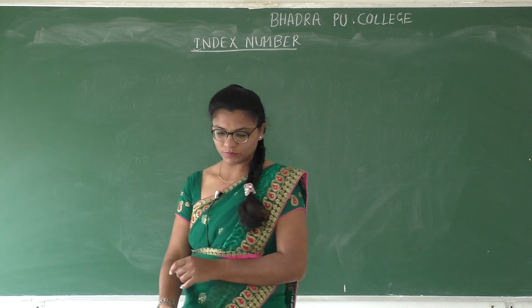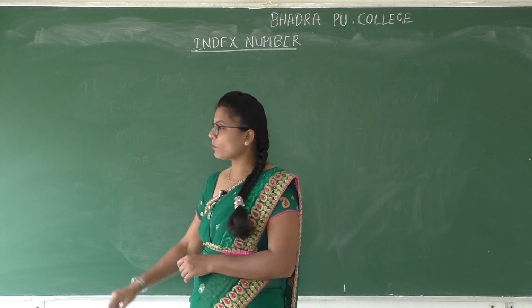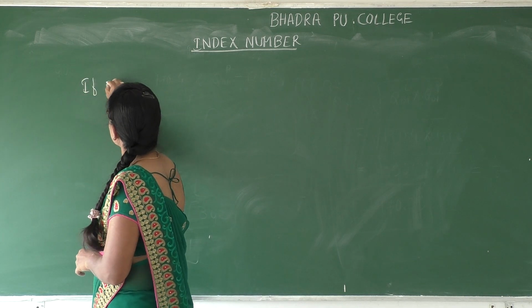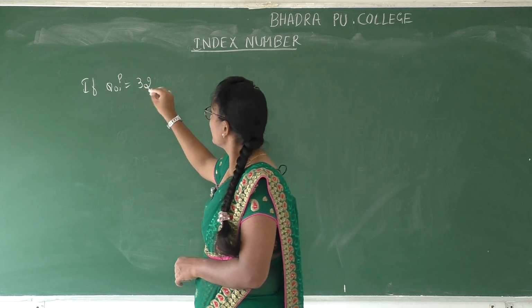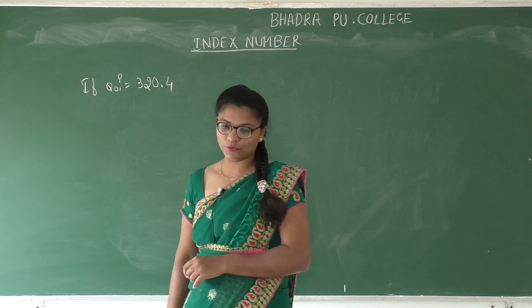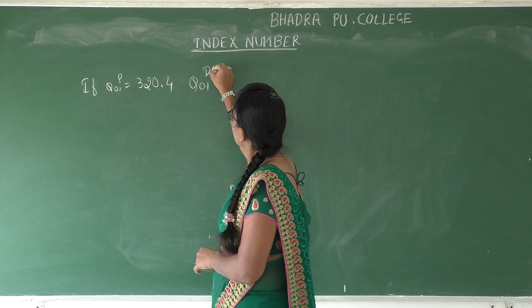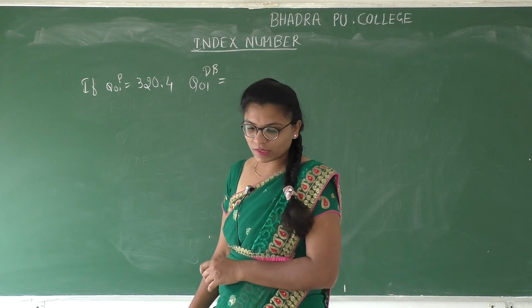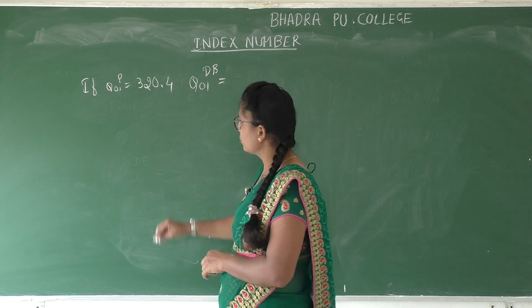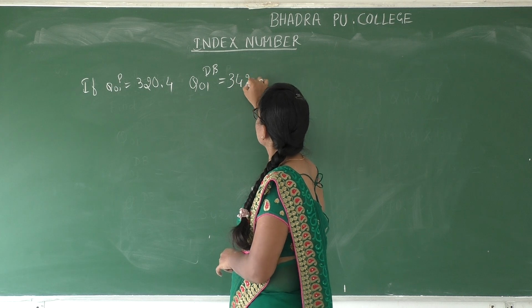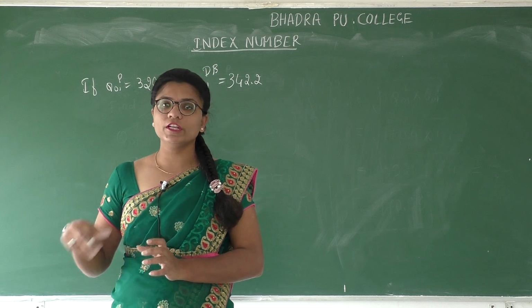Next problem, yes, if Q01P is equal to 320.4 and Q01DB is equal to 342.2, then find what we need to find out here.